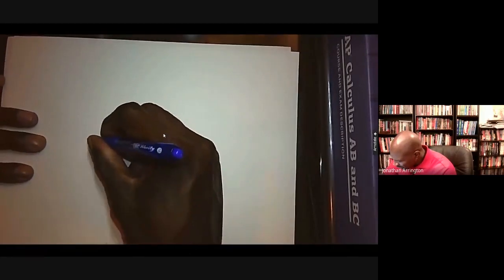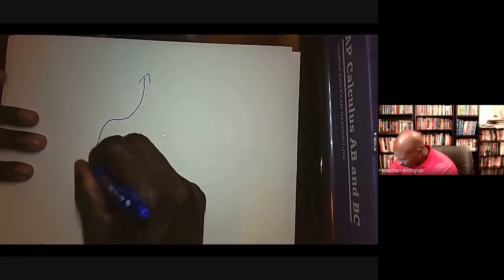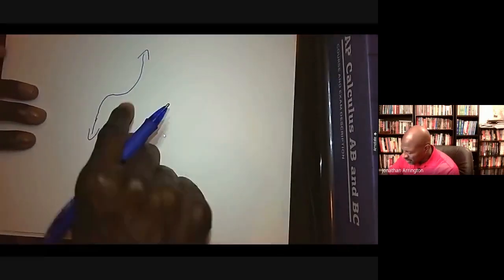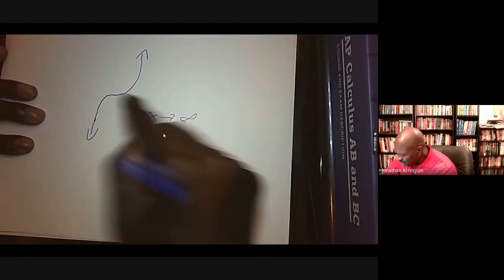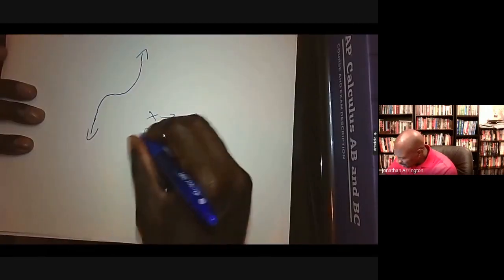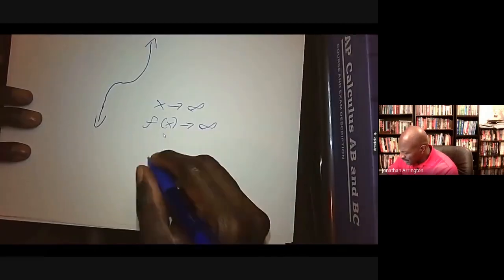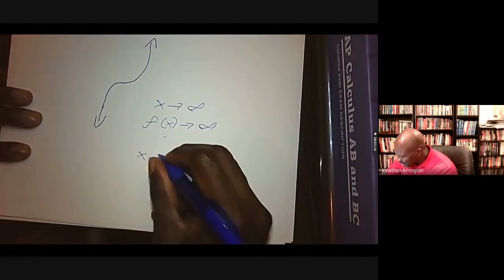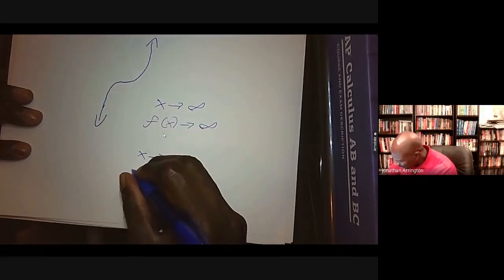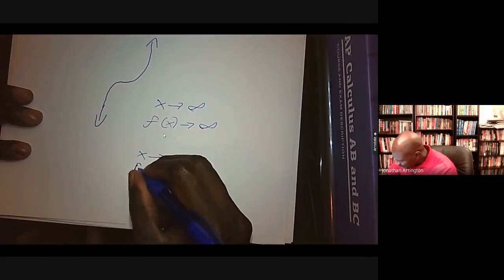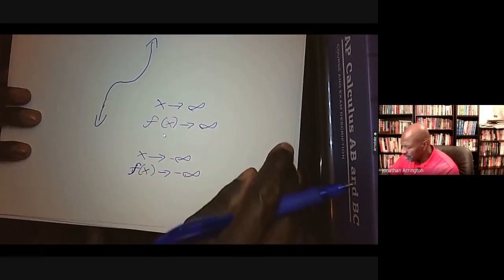So the graph looks something similar to this. And if you look at the end behavior, I want to look at the right end behavior. As x goes to infinity, the function is going to infinity. And as x goes to negative infinity, so as x goes to the left, the function is going down to negative infinity.